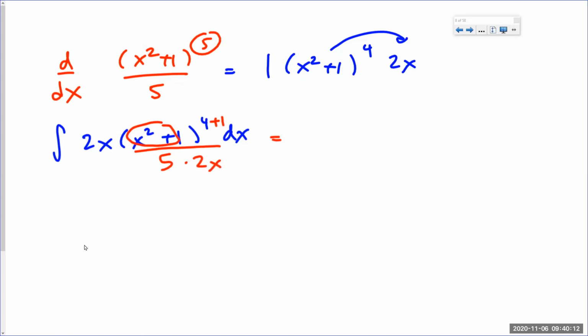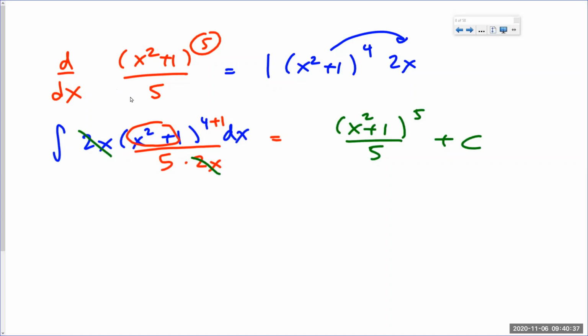So this 2x cancels with this 2x. What you have left is (x squared plus 1) raised to the 5th power over 5 plus C. So that's walking backwards on the chain rule. Thank you. Now, you can see it gets kind of complicated.